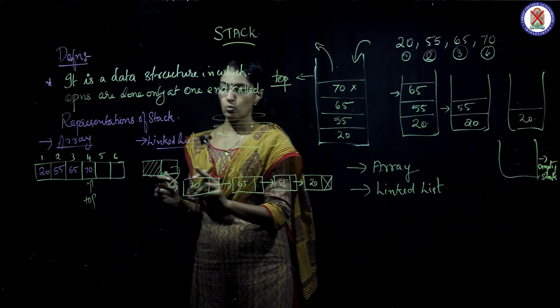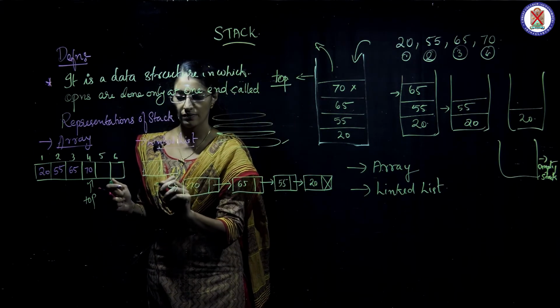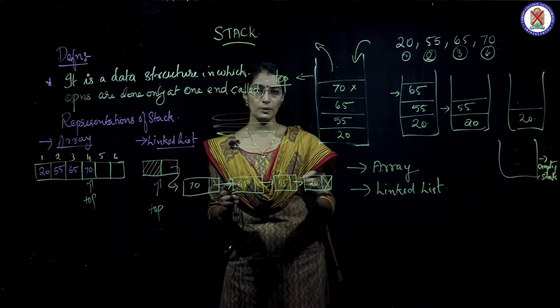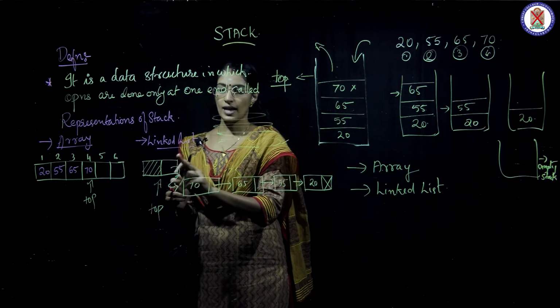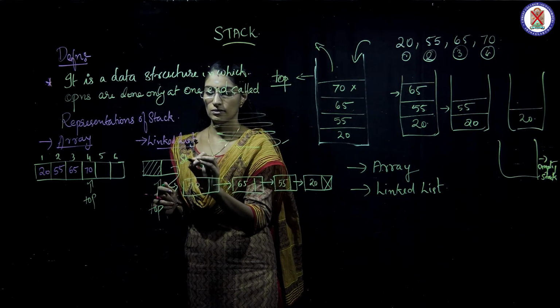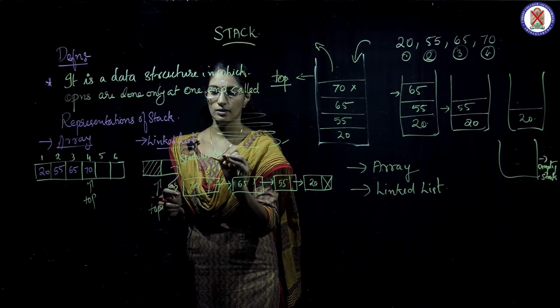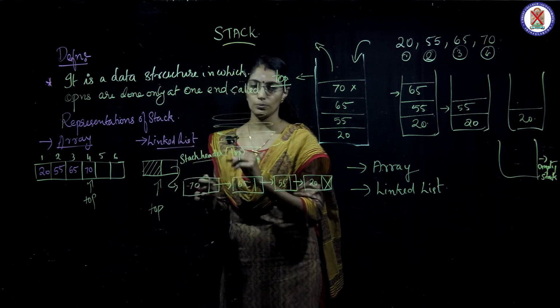So now what does stack head represent? Stack head represents our concept of top. So when we are implementing stack using linked list, the stack header does the job of top.